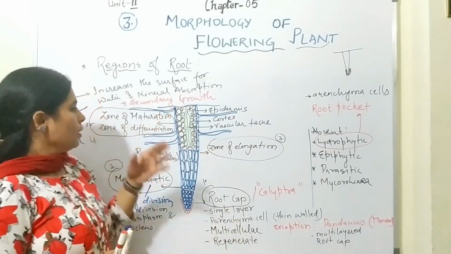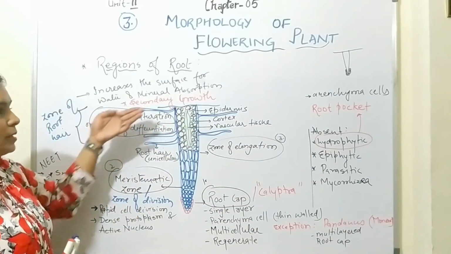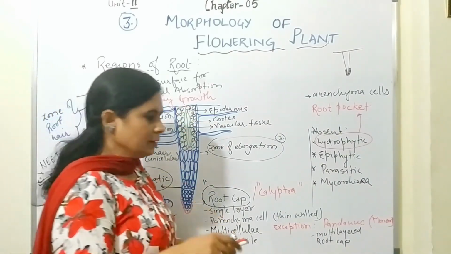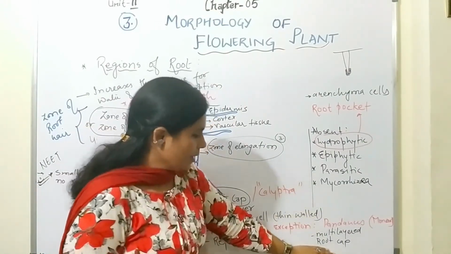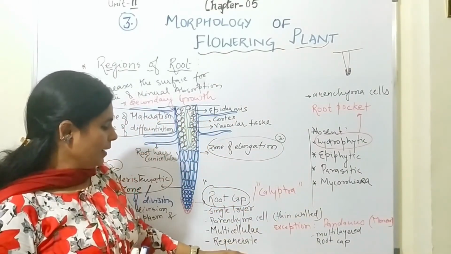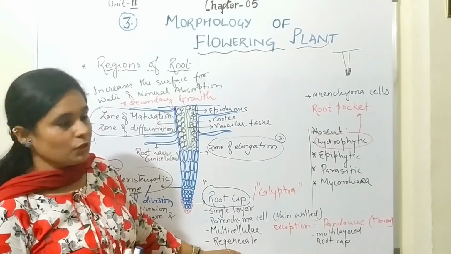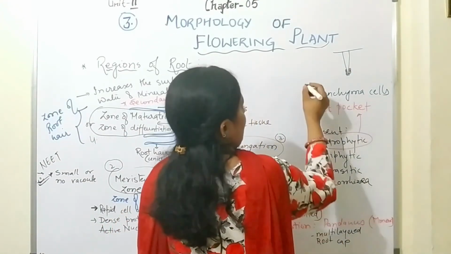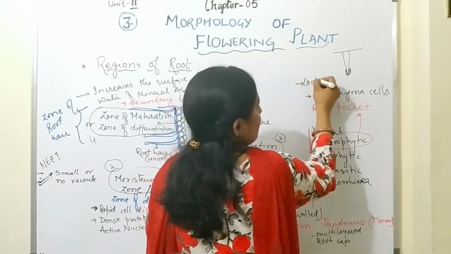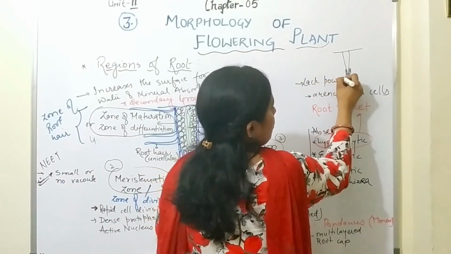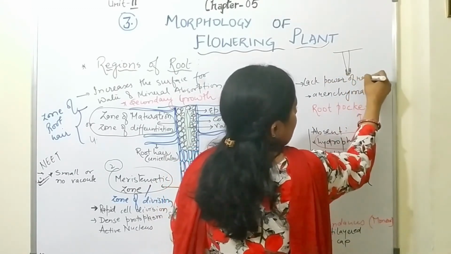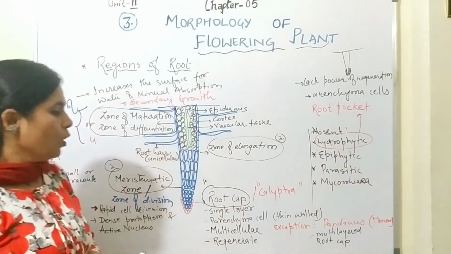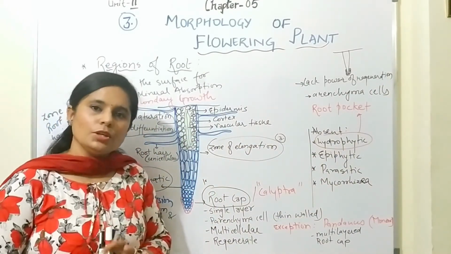So this zone helps in secondary growth. Another thing: I have told you that the root cap has the power of regeneration. But the root pocket lacks the power of regeneration. Okay, there regeneration does not happen; in the case of the root cap, regeneration happens.